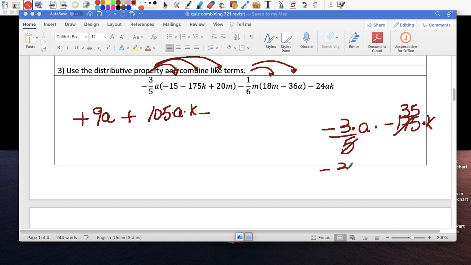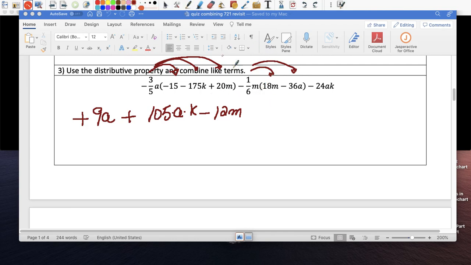What is negative 3/5 A times 20M? This one's a little easier. 20 divided by 5 is 4. And then 4 times 3 is 12. 12M. Okay? And we're done with the first set of parentheses.